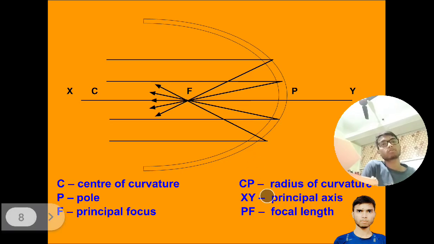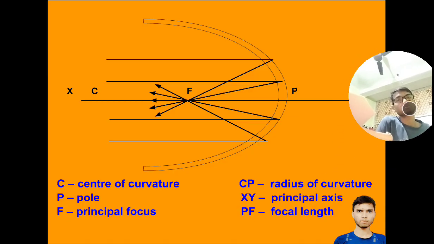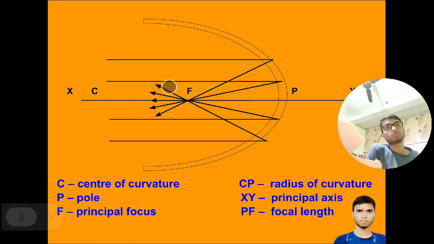Next is CP. From here till here, it is the radius of curvature. I thought that from here till here it is the principal axis, but now it is telling you it is the radius of curvature. Next is XY, which means the principal axis.